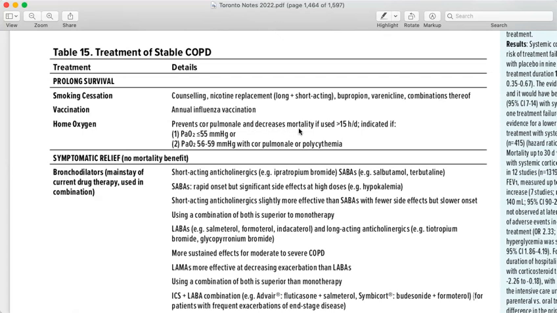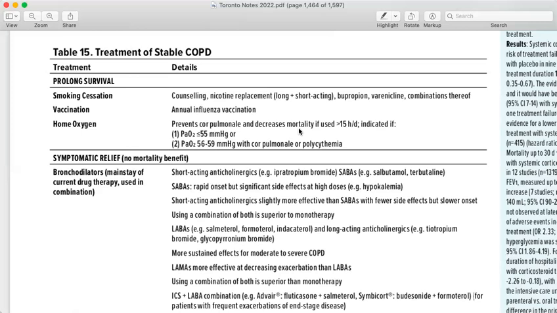Now, if that person is not willing to quit smoking, then giving home oxygen is no big deal. You are not going to give home oxygen if the person is not willing to quit smoking, because smoking cessation is one of the important things, and only then will home oxygen work.